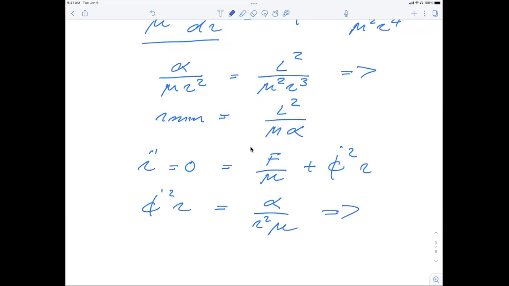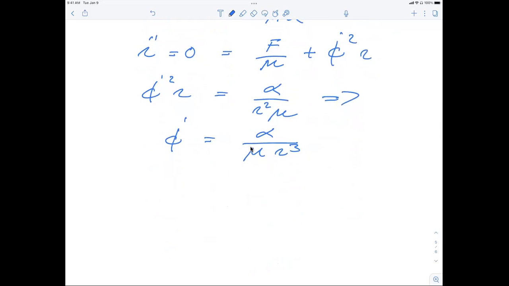And that means that our phi dot, instead of writing that in terms of the angular momentum, we can now rewrite it in terms of the parameter of the potential, alpha. And this is for the gravitational force, equal to the gravitational constant times the two masses. So that gives us mu divided by r cubed. And then if I plug in r min here, then you get back to the standard expression, which we have seen many, many times.